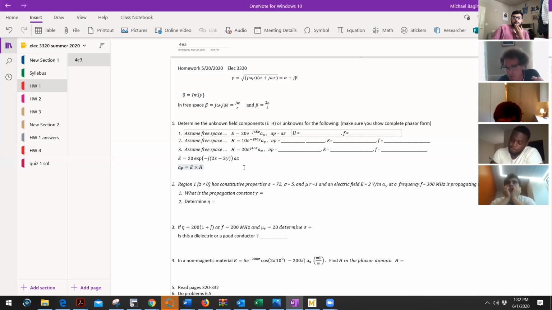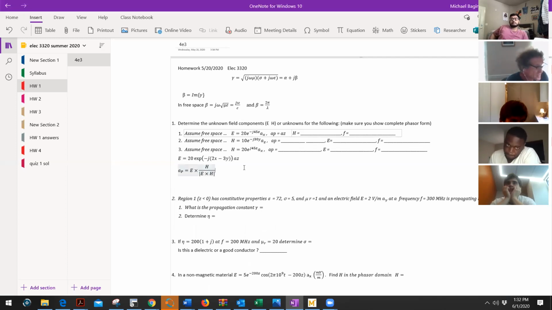Do you all agree with me? That's power flow. If you take that and then divide it by the quantity magnitude of E times H. That's a cross product, but now I'm taking the magnitude of that. Oh, I'm sorry. I'm trying to get E cross H up top, but this is still correct right here.